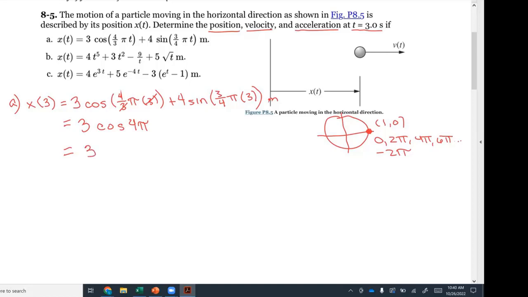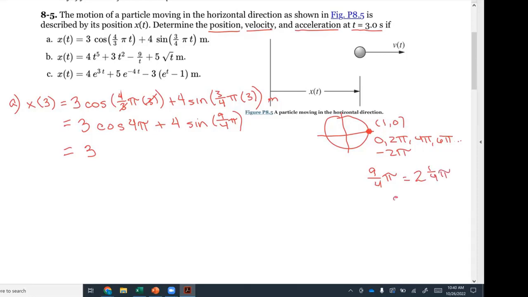So this becomes 3 plus 4 times the sine of 9 pi over 4. And the way to find the coterminal angle, because we know this is more than one time around the circle, is to change this to a mixed number, which is 2 1/4 pi.